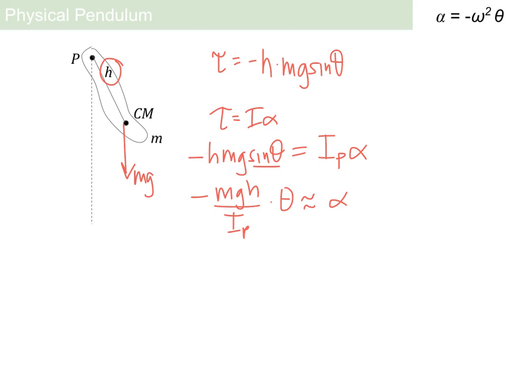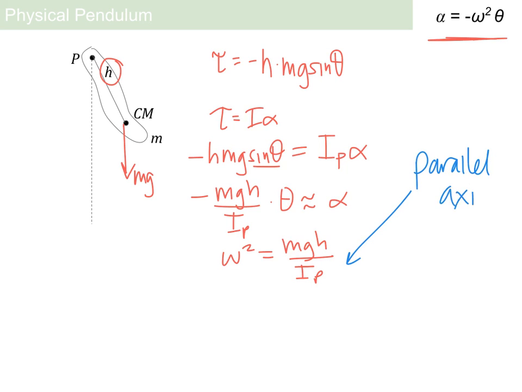And so to calculate the period for small angles, I can again use the same relationship. My omega squared should equal mgh divided by I sub P. And again, for this I sub P, we're going to have to use the parallel axis theorem.